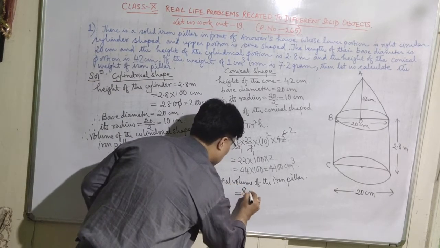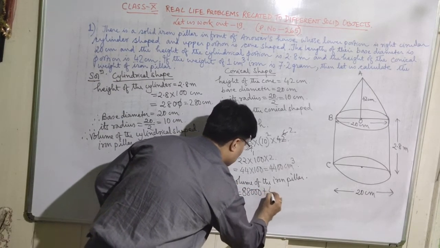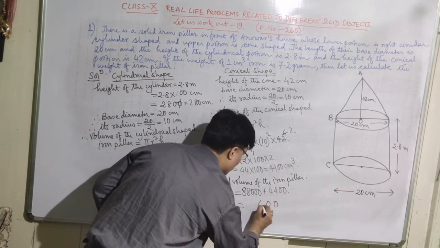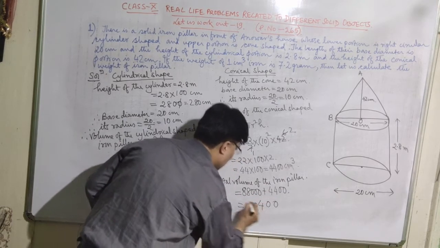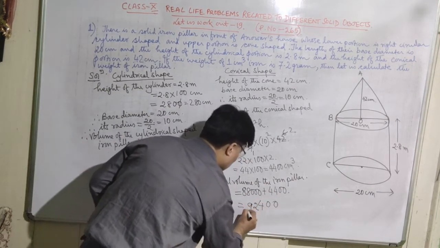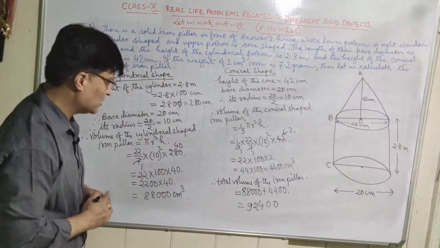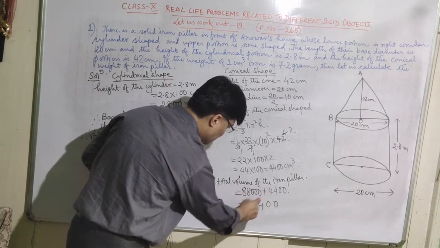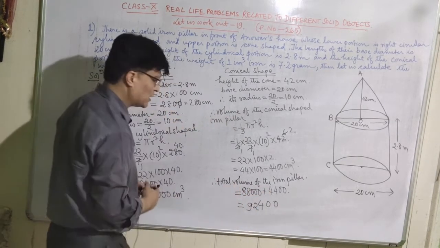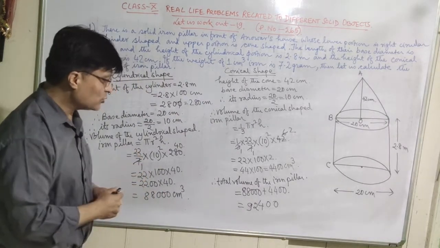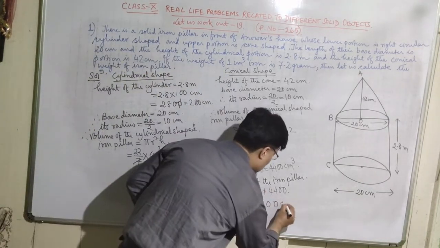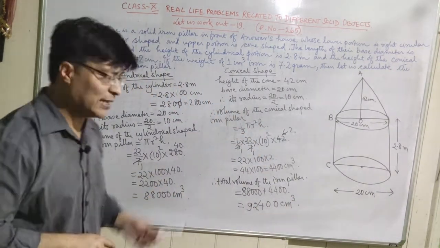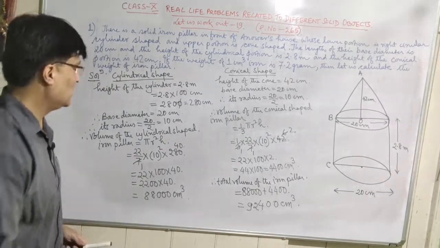This is 88,000 plus 4,400. 0 plus 0 is 0, 0 plus 0 is 0, 4 plus 0 is 4, 8 plus 4 is 12, carry 1, that is 8 plus 1 is 9. That is your 92,400. What is the unit? It is centimeter cube. What is the total volume of the iron pillar? It is 92,400 centimeter cube.